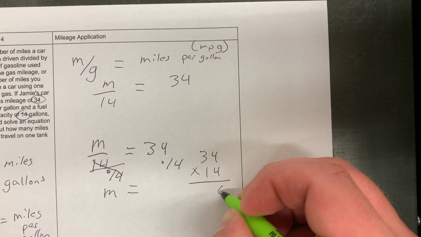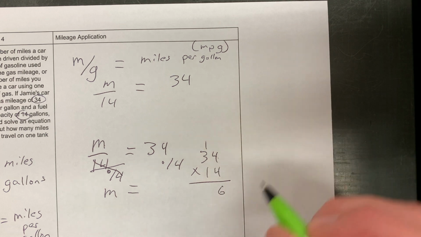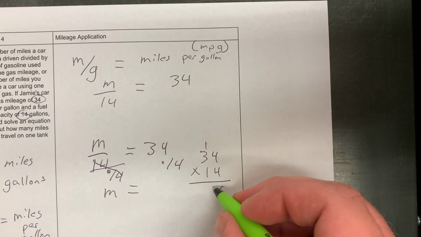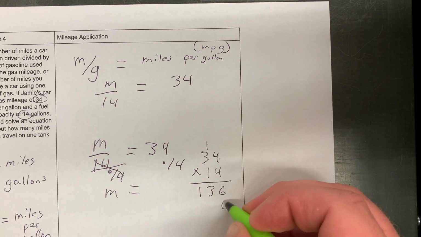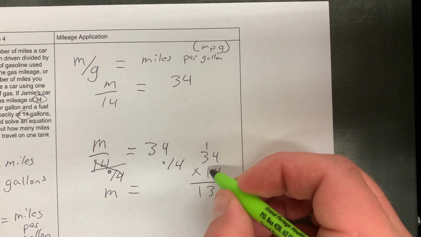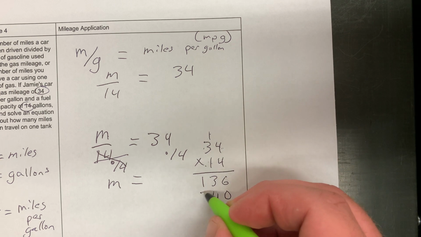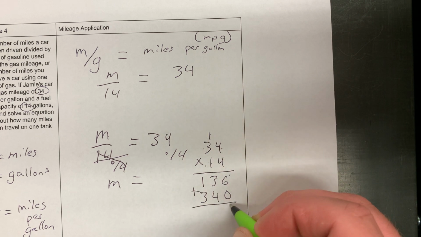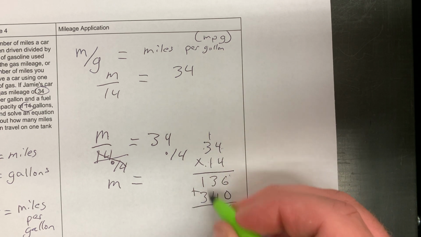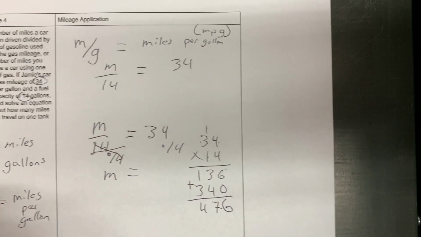4 times 4 is 16. 4 times 3 is 12. 12 plus 1 is 13. I add my 0 since I'm moving to the tens place. 1 times 4 is 4. 1 times 3 is 3. And now I add them. 6, 7, 4, 476.